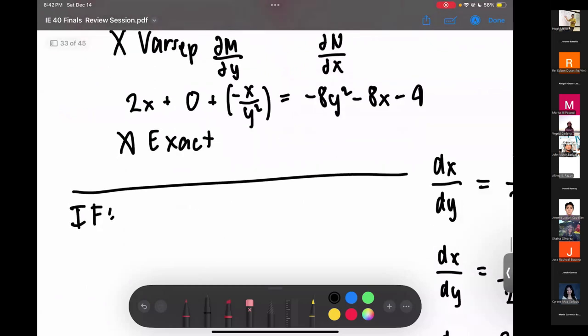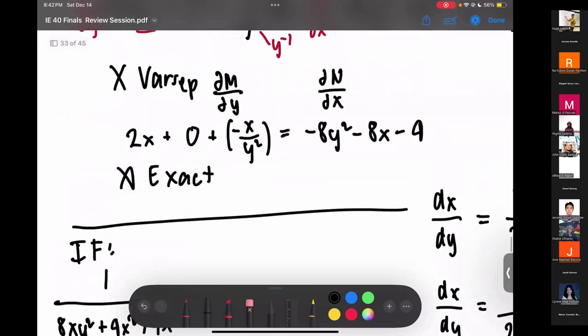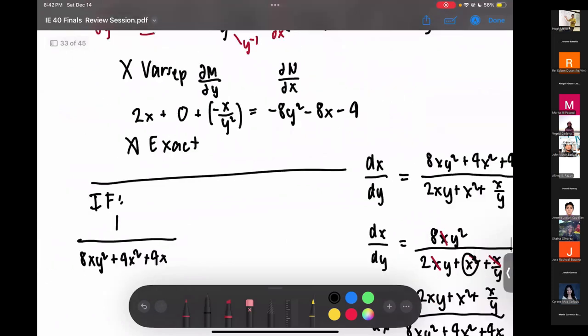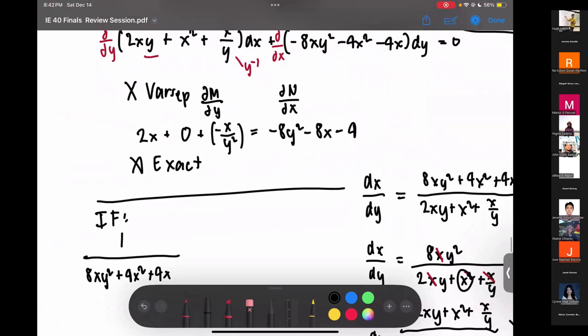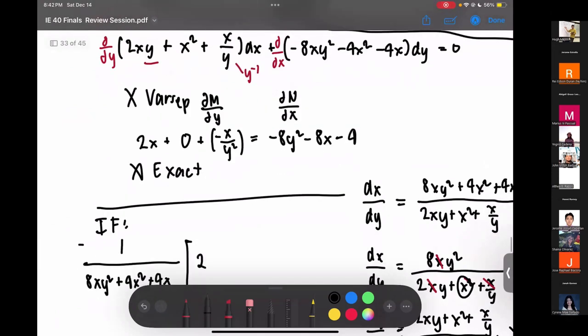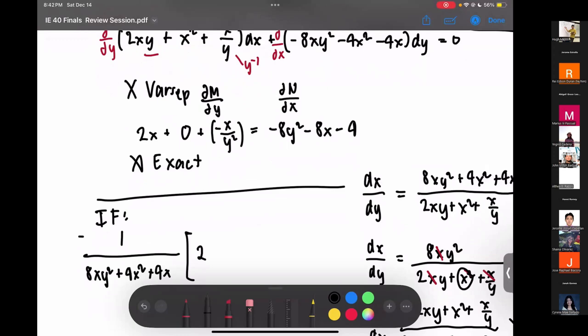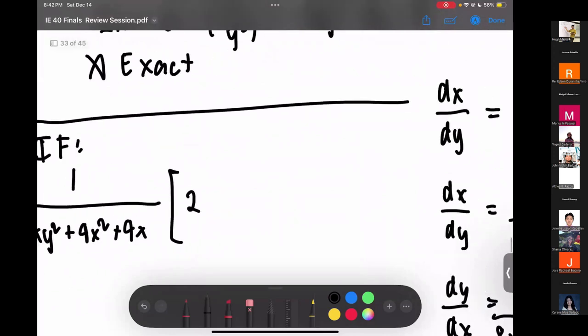So when we test if it's an integrating factor, we run into the same issue. So xy squared plus 4x squared plus 4x kasi the form is 1 over n times partial of m with respect to y minus partial of n with respect to x. So this is we're testing if it is a function of x alone.